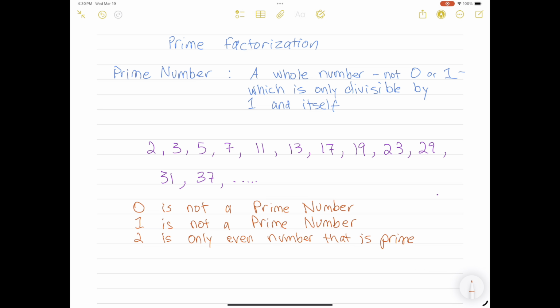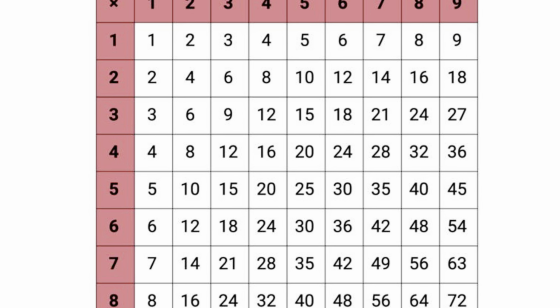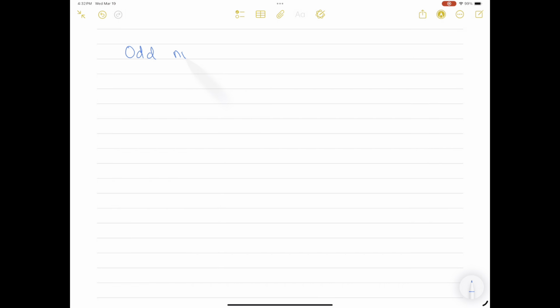To test whether or not an odd number is a prime number, we test the divisibility by the prime numbers 2, 3, 5, 7, 11, 13, 17, 19, etc. It helps to have a strong grasp of the multiplication tables when seeking out prime numbers and prime factorization.